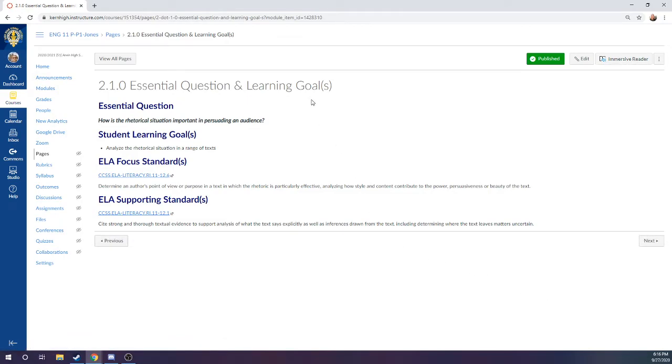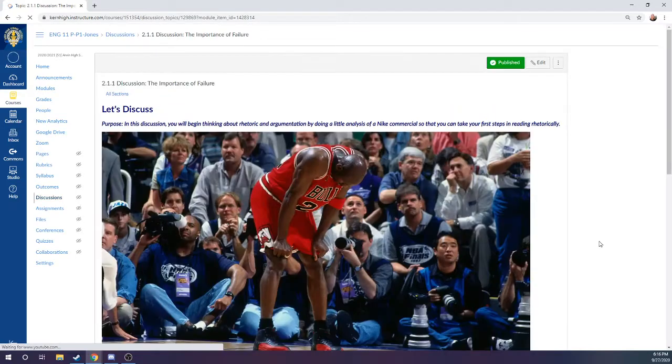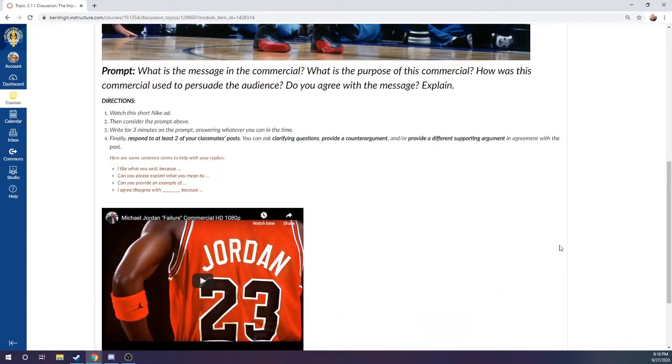Okay. And so we're going to be starting the first lesson of the second module here. The essential question we're focusing on in this first lesson is, how is a rhetorical situation important in persuading an audience? And you'll see we're going to open it up with a short discussion. In this discussion, we're going to be talking about argumentative speaking, and you are going to write a prompt.